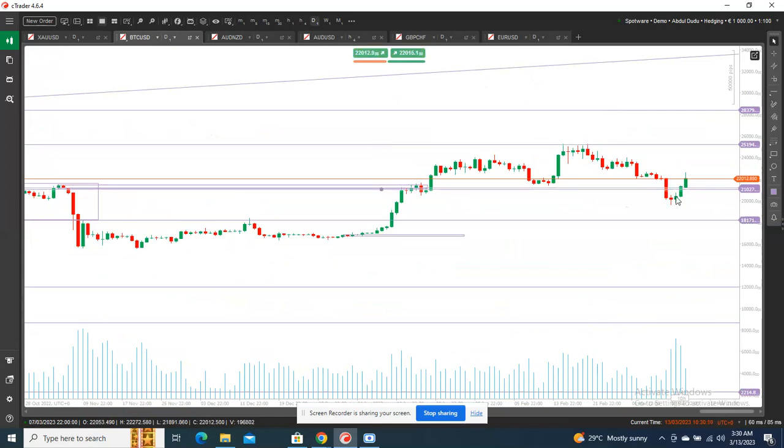You can see here now, Bitcoin is fast around this level. So Bitcoin is likely to come back here, around this level, before I can start buying again. So that's all for now.